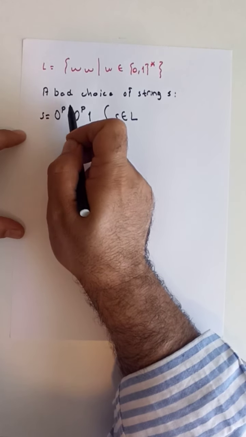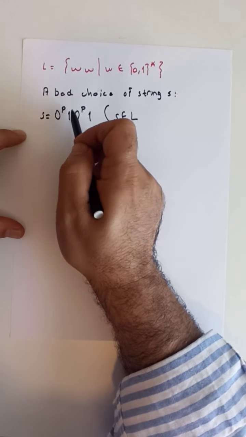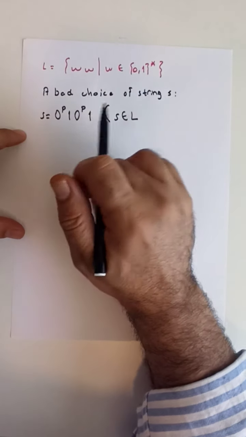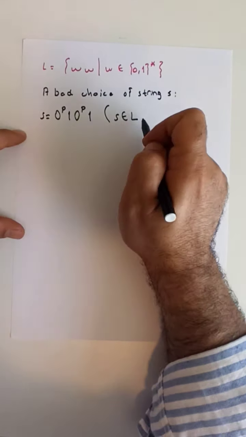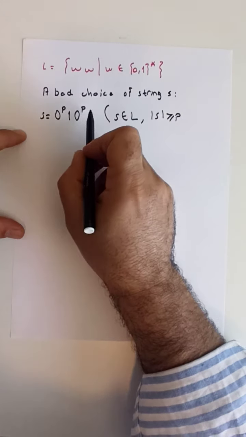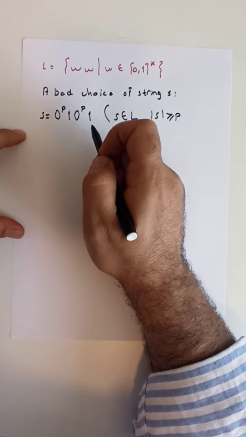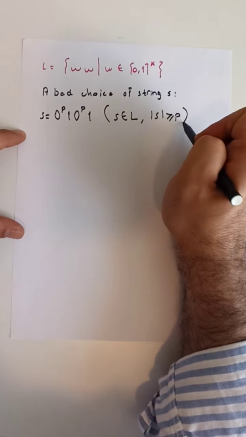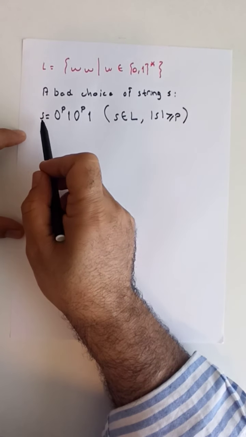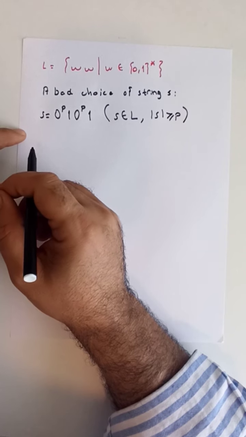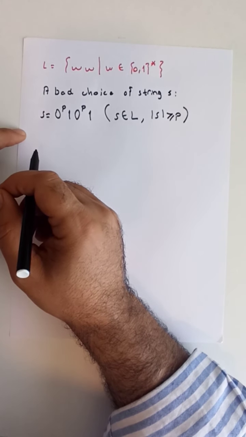The first half is 0^P 1, the second half is 0^P 1. So it's in this format, therefore the given string is inside the language. Our second condition was that the length of the string should be greater than or equal to P. The length of the string is actually 2P plus 2, so it satisfies this condition as well. So theoretically, we can use this string S for the remainder of our proof using the pumping lemma.